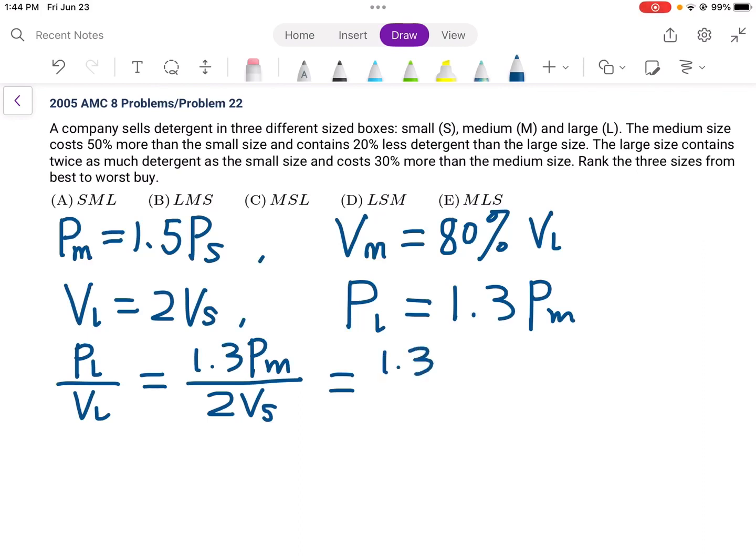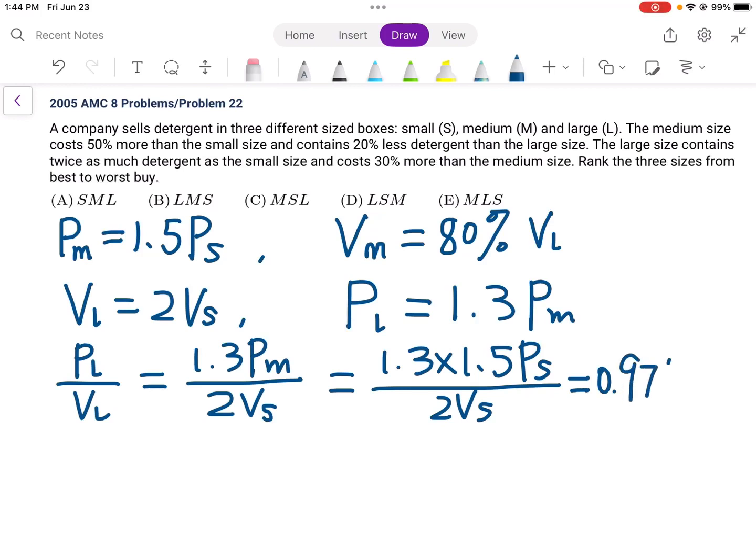That's 1.3 multiply 1.5 PS divided by 2 VS, and that equals 0.975 PS over VS.